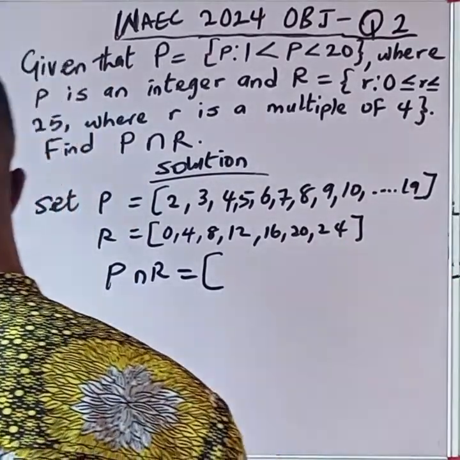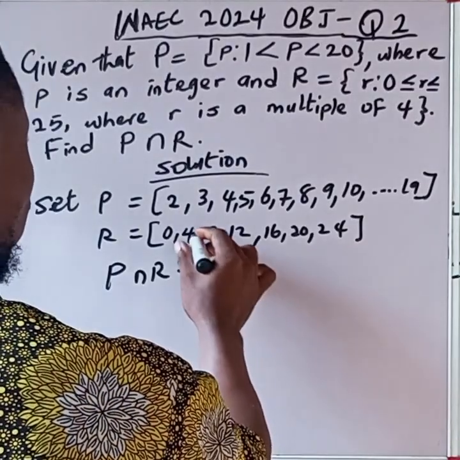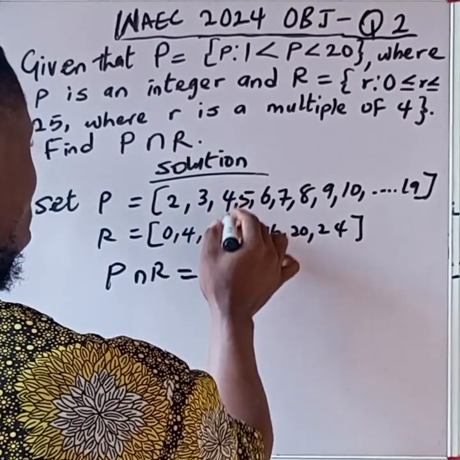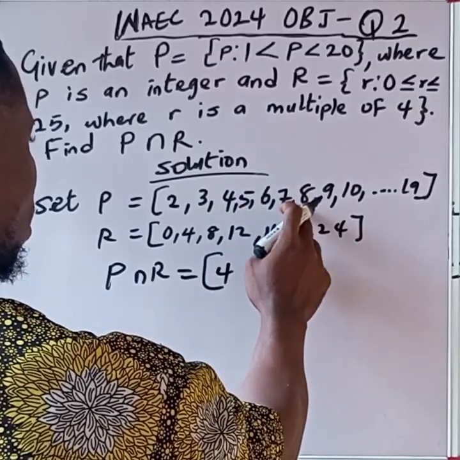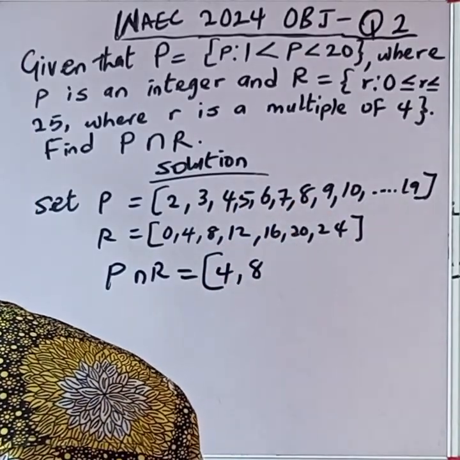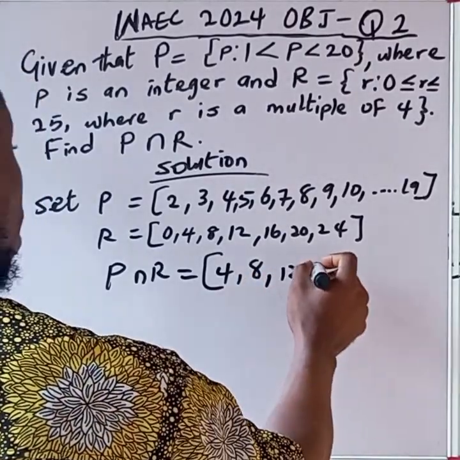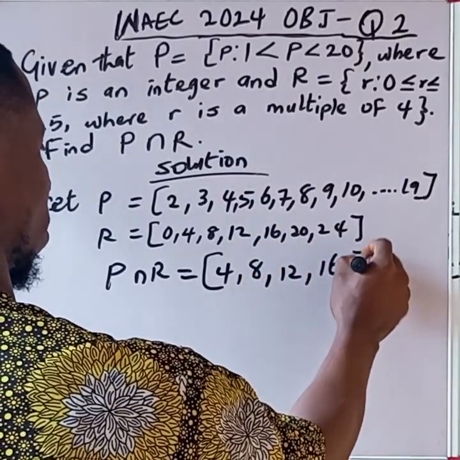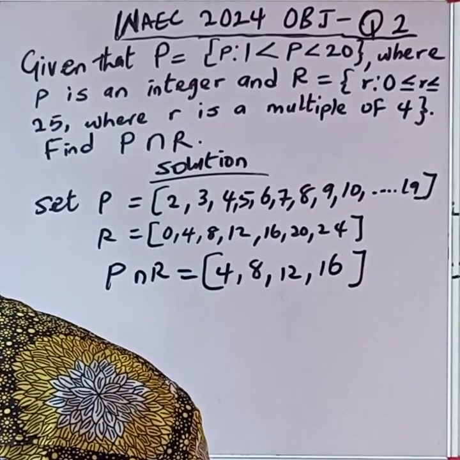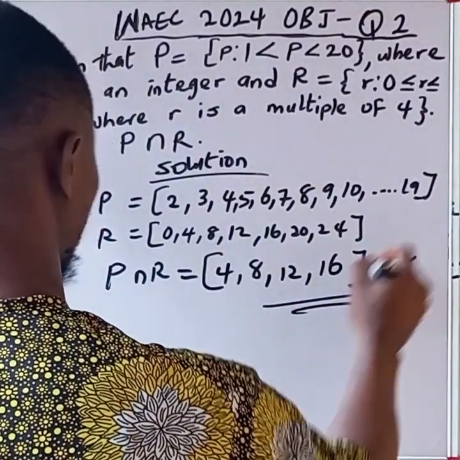So the numbers that are in set P and they are also in set R are 4, because there's 4 here, there's 8 here, alright? Do you get it? So there's 12 and there's 16. Okay, so this is the answer to the question.